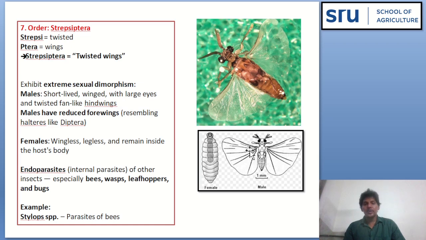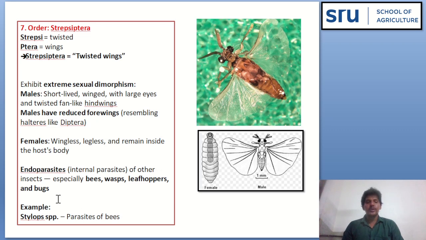Males have reduced forewings resembling halteres in Diptera. In Diptera, the halteres are the hindwings, but here, in a male Strepsiptera insect, the forewings are reduced. Females are wingless, legless, and remain inside the host body.